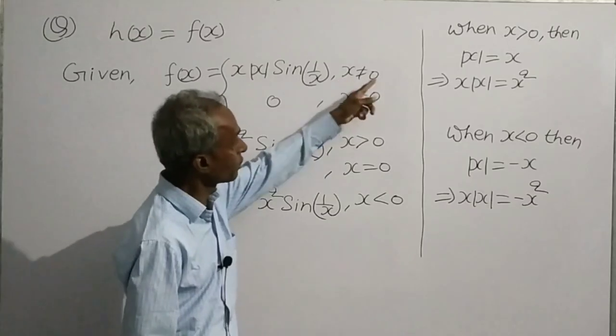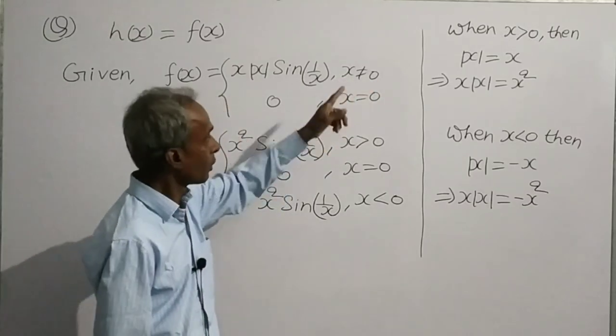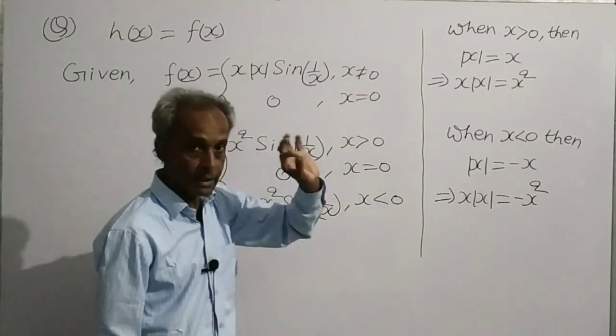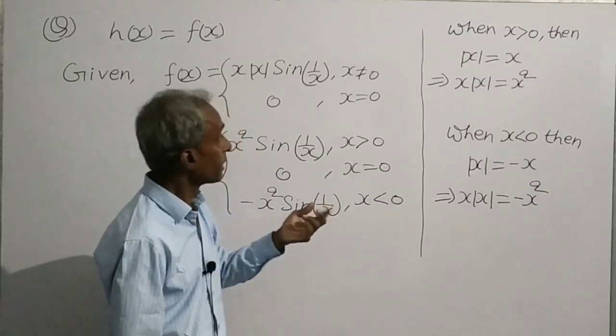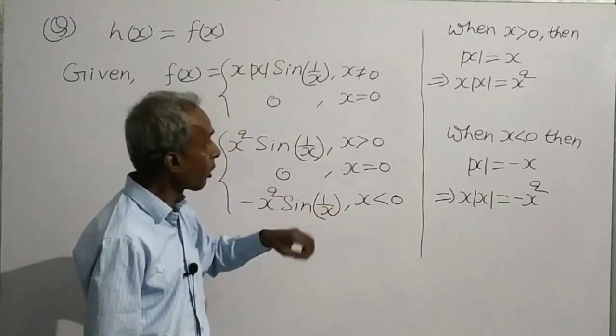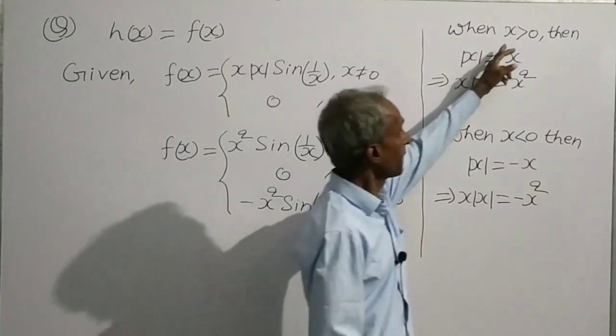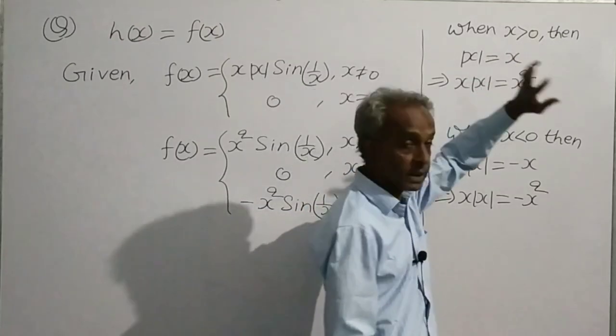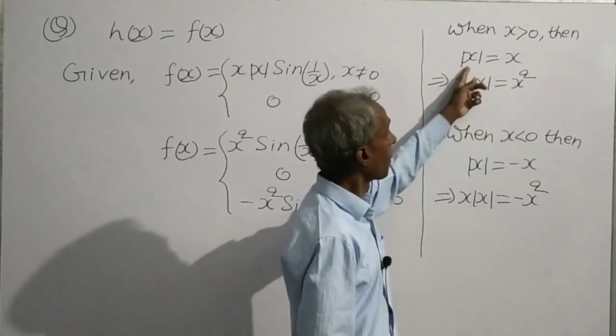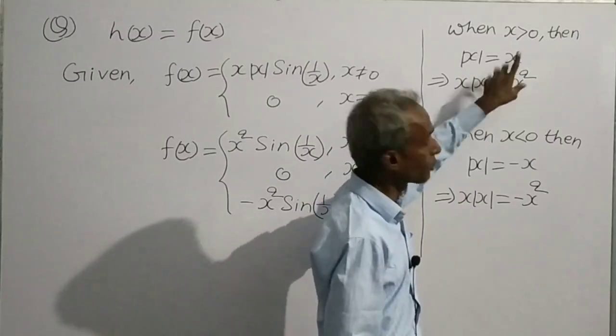When x is not equal to 0, then either x is positive or x can be negative. When x is positive, then mod x is equal to x.